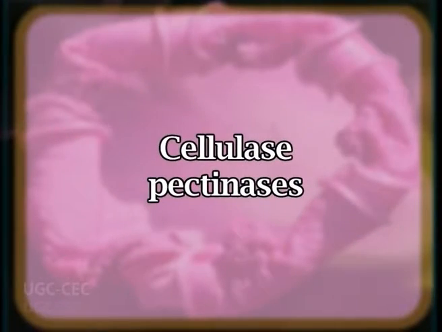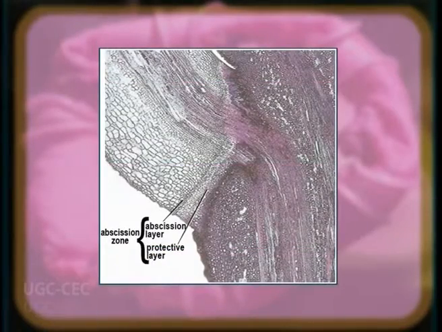This digestion often involves synthesis of polysaccharide-hydrolyzing enzymes, most importantly cellulases and pectinases, and their secretion from the cytoplasm into the wall. Formation of these enzymes is accompanied by a rapid rise in respiration in cells of the proximal part of the abscission zone.